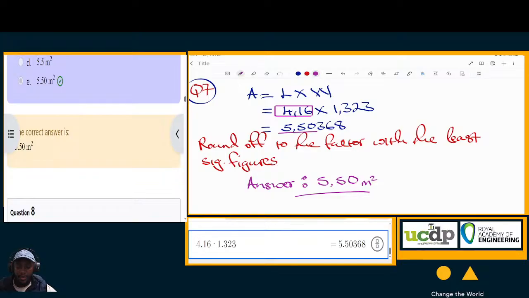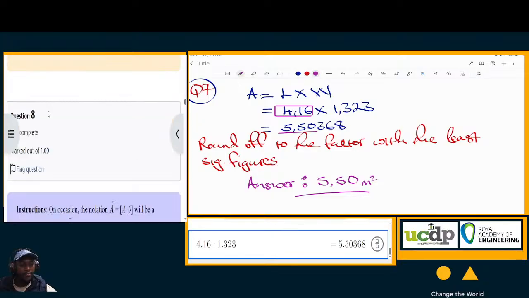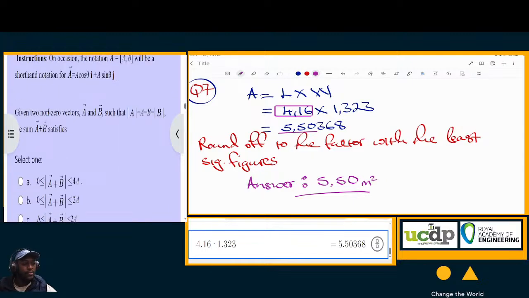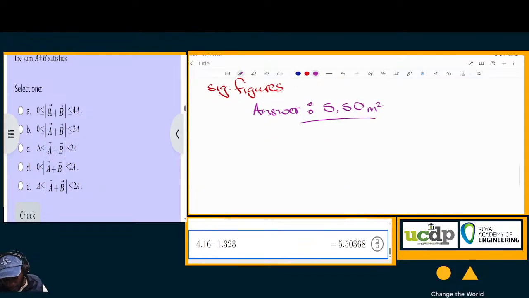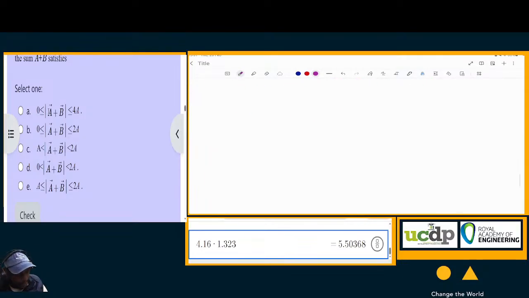That is if there are no questions. So that's question 8. Please read through to understand the question.